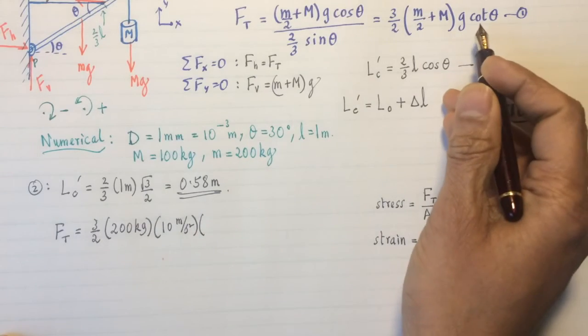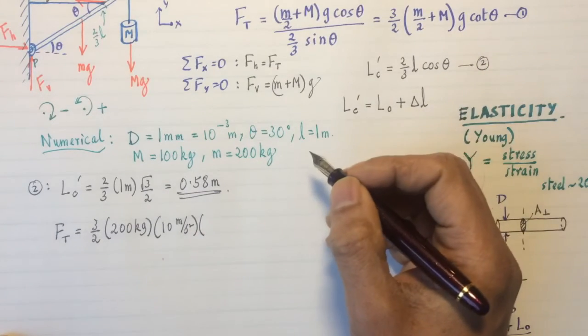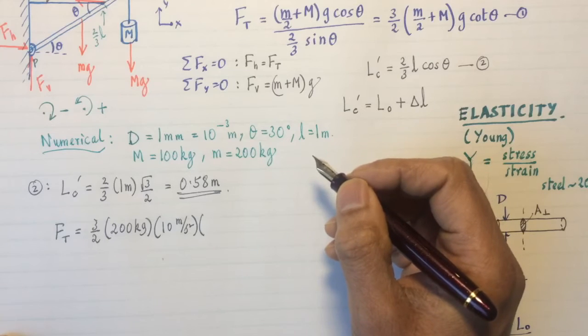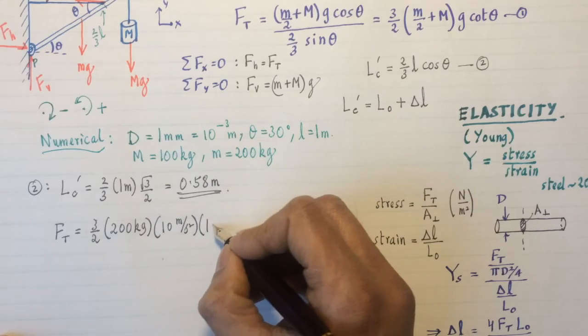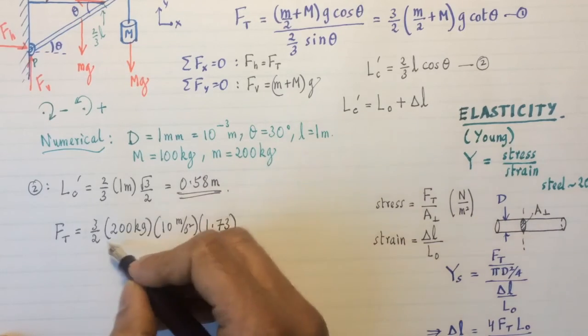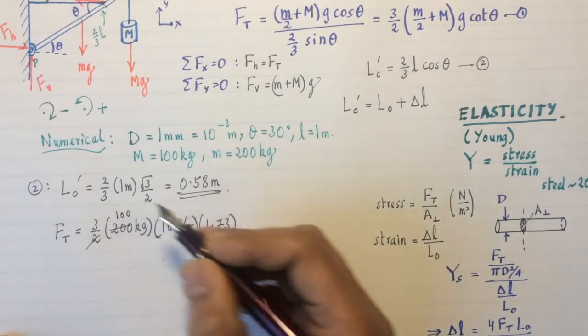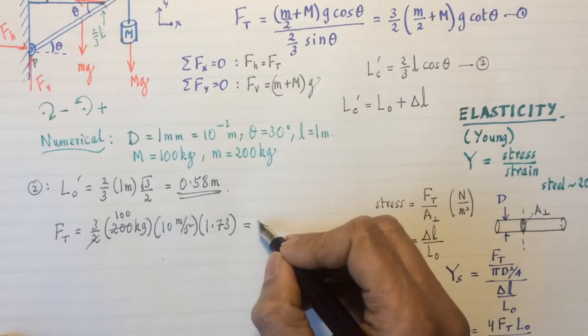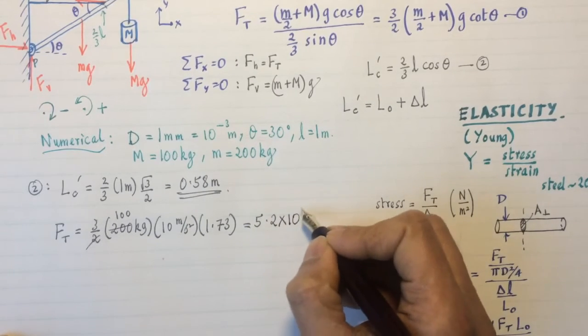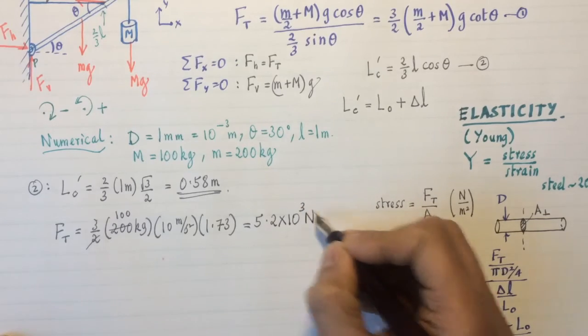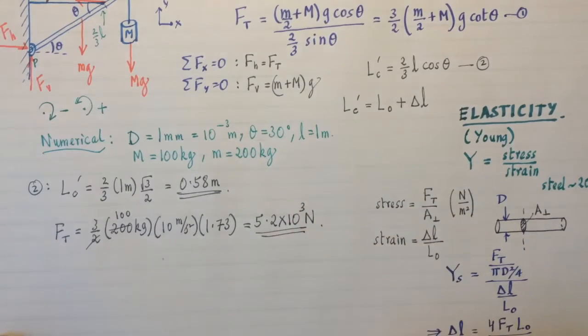And cot 30 degrees is cosine 30 over sine 30. Cosine 30 is √3/2, sine 30 is half, so that's √3, which is approximately 1.73. And this is 100 here after cancellation. And this also I worked out prior. So it turns out to be 5.2 kilonewtons.